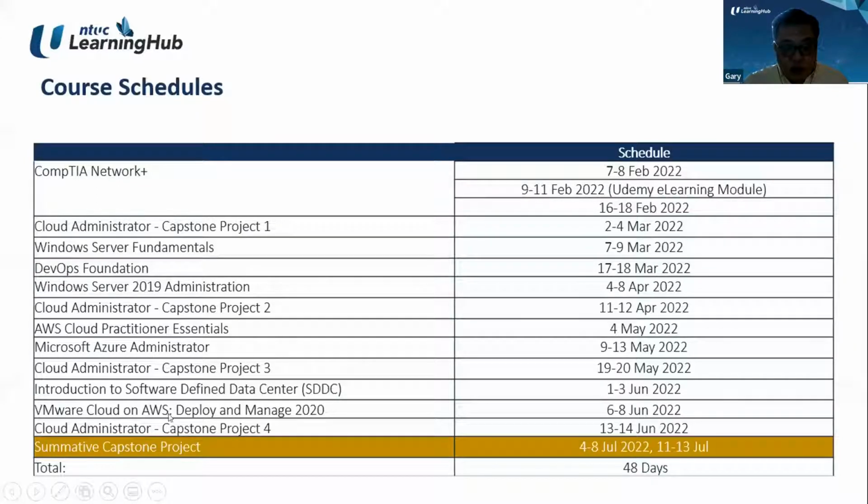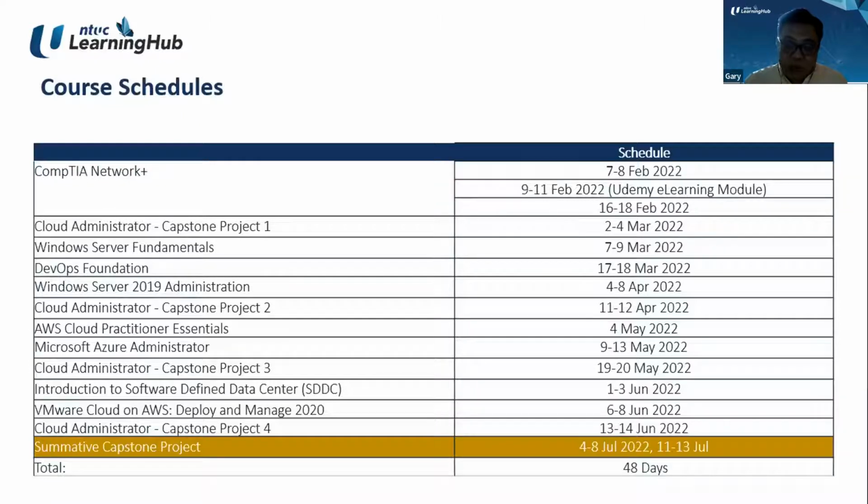Also, we will introduce you to virtualization with the VMware courses. There are two VMware courses: one is the SDDC, and the other is VMware Cloud on AWS. As you can see, each course is followed by a capstone project to recap, so that you have more time to practice and work on a group or individual project to craft some outcome.